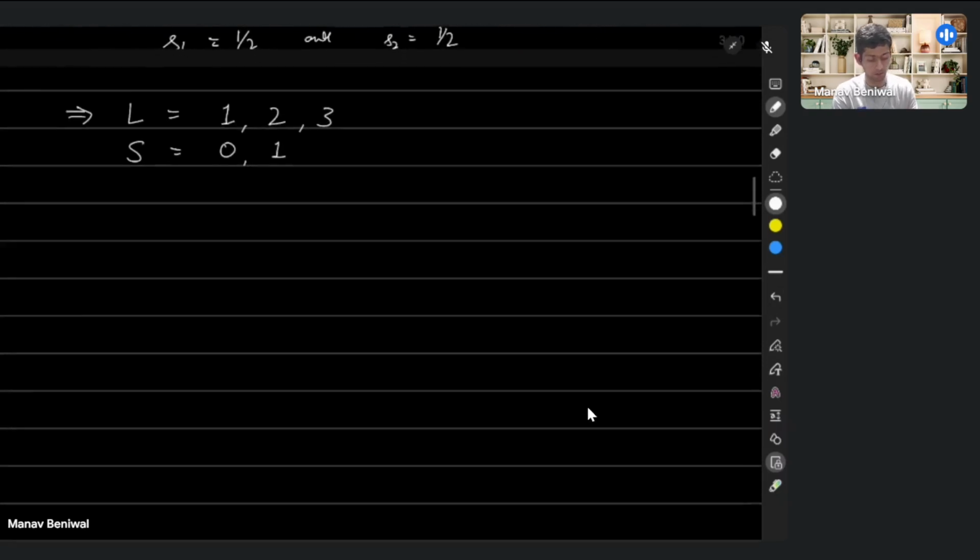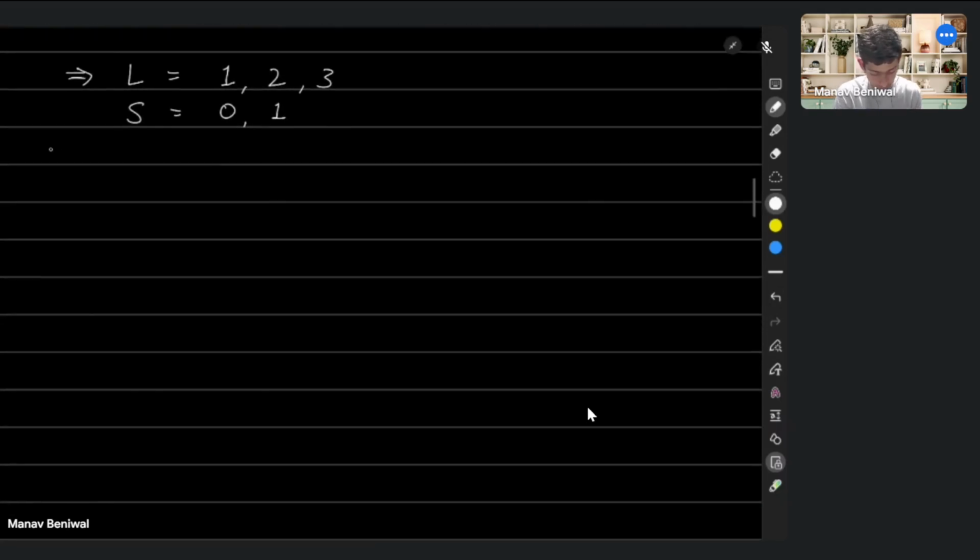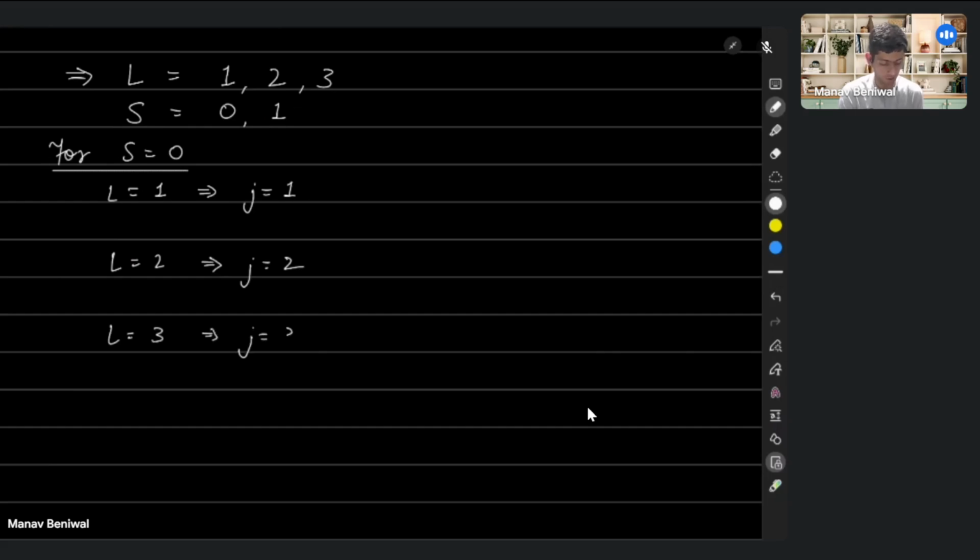Let us start with S equals 0. We will have three cases. When S is 0 and L is 1, this implies J is 1. When L is 2, J is 2. When L is 3, J is also 3, because S is 0 in all cases.